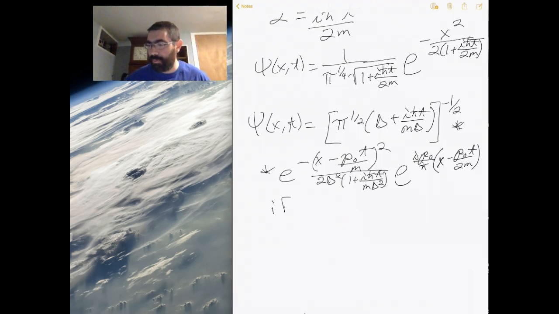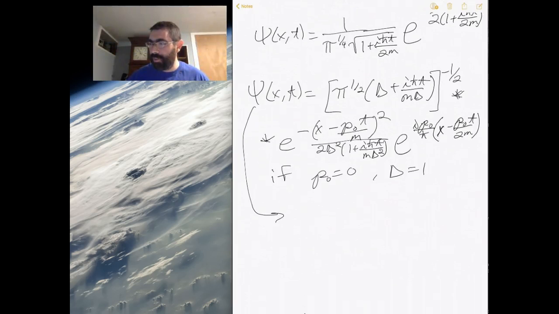If now p0 is equal to 0, delta is equal to 1, then this equation becomes, the delta here is equal to 1.